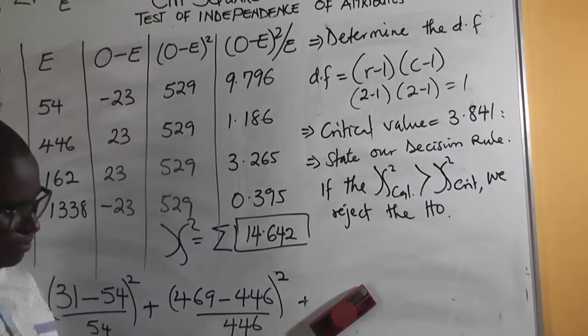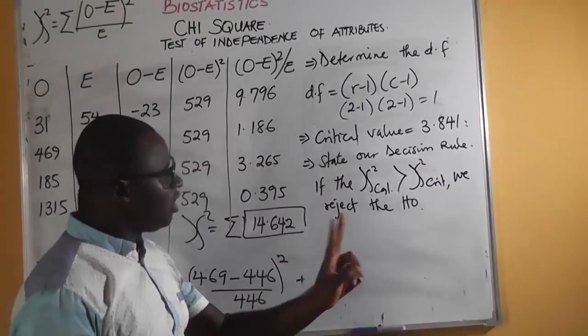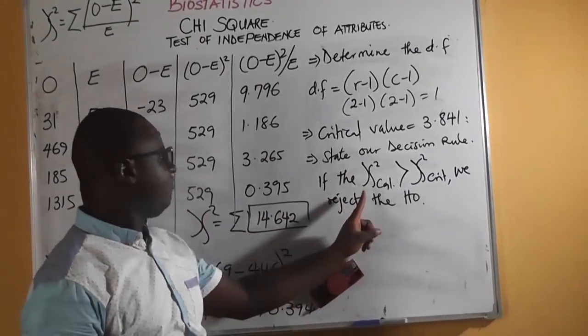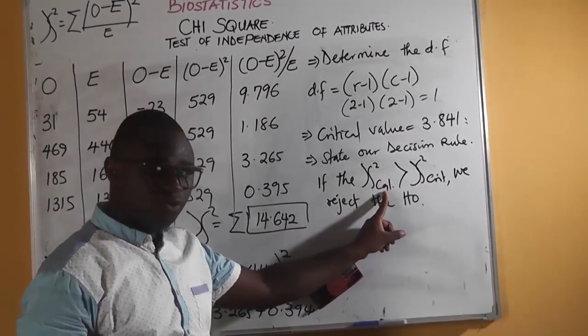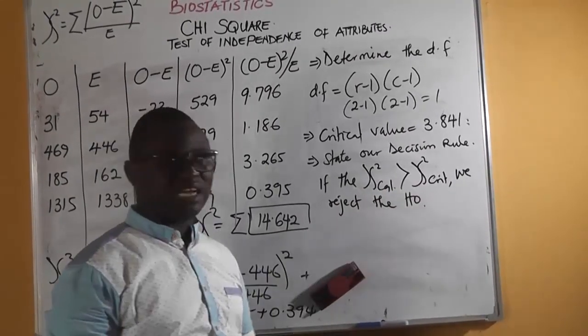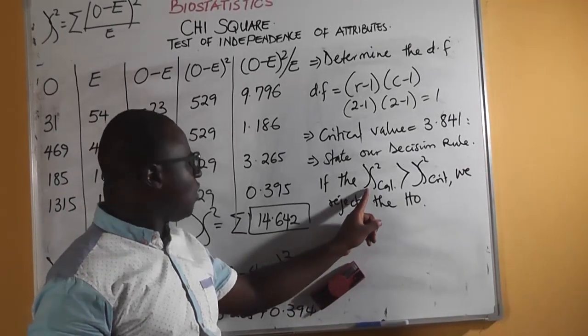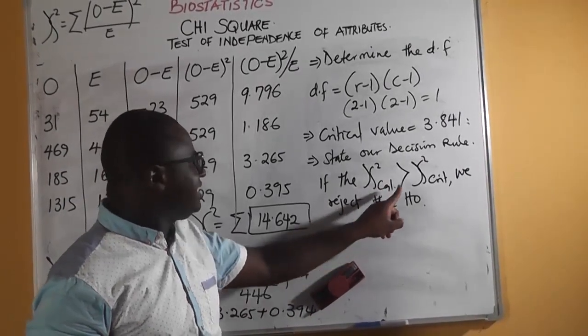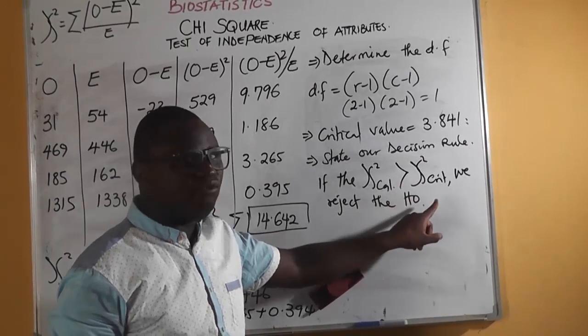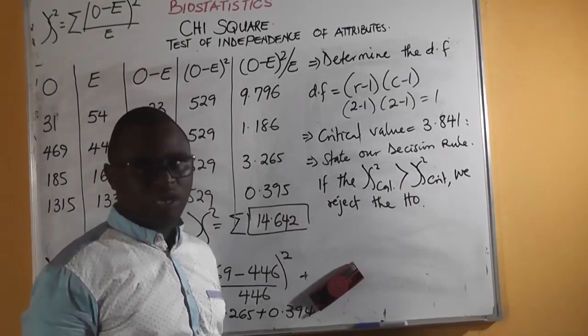That's our decision rule. Let me explain. We have two values, the chi-square calculated value and the chi-square critical value. What will help us decide is that if our calculated value is greater than the critical value, then we reject the null hypothesis.